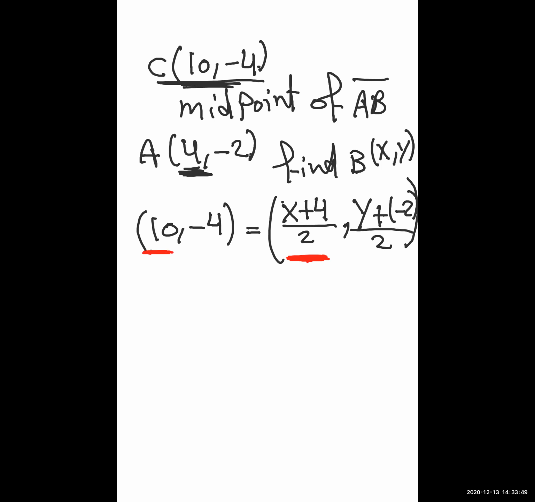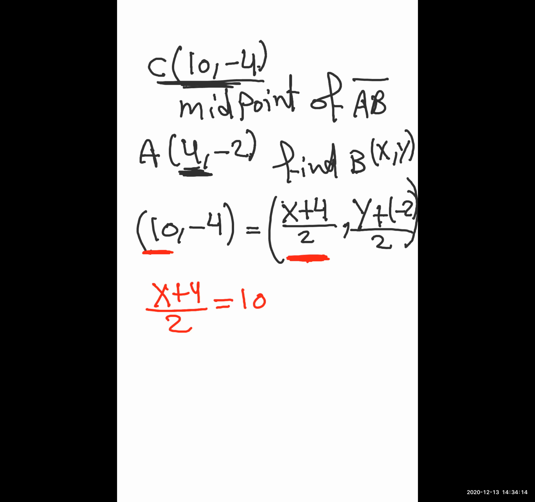Okay, guys, do you hear me well? Yes, Mr. Okay, great. So now, guys, 10 will equal x plus 4 over 2. So x plus 4 over 2 will equal 10. Now use the cross multiplication.